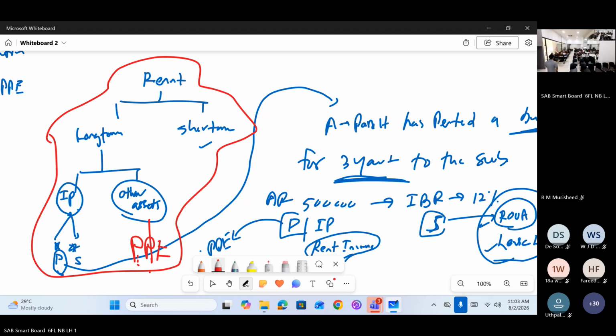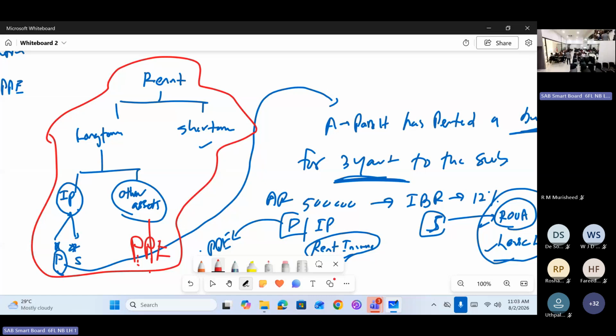Intercompany rent included these scenarios. The examiner can say whatever possible scenario, maybe rent as a type of service, short-term rent, other asset, or IP. IP is where the complexity is. IP also can be tested from the parent side or subsidiary side.